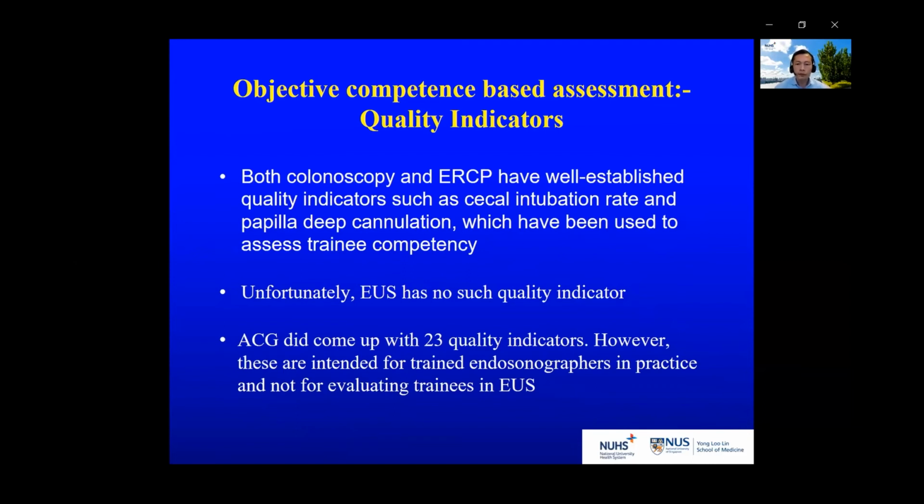Unfortunately, EUS has no such quality indicator to date. ACG did come up with 23 quality indicators. However, these are intended for experienced endosonographers in their daily practice, and are not meant for evaluating trainees in EUS training.